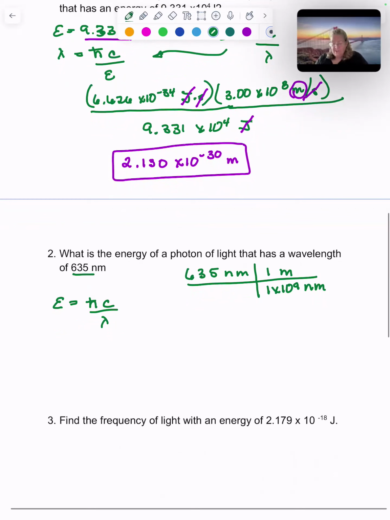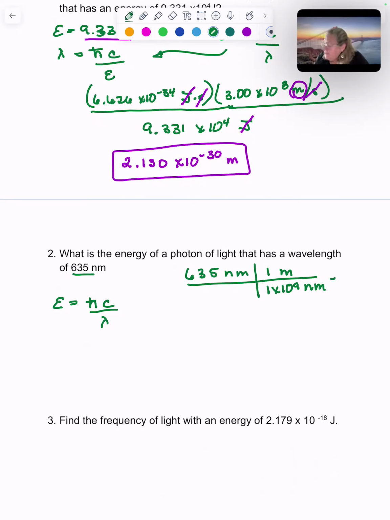Okay, so we're going to take 635, divide by 1 times 10 to the 9th. There we go.